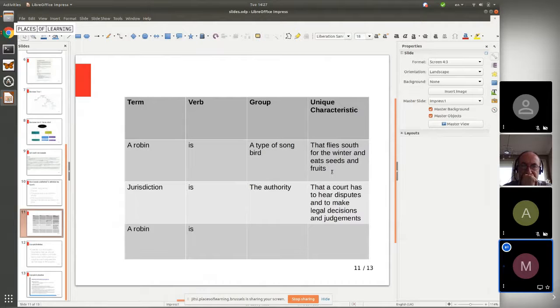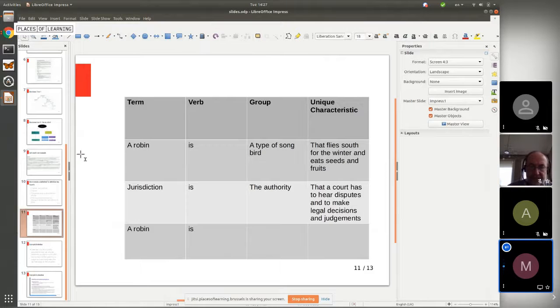So these would be the four elements of a definition. Another example: jurisdiction is the authority that a court has to hear disputes and to make legal decisions and judgments. That is the unique characteristic of this term inside the group to which it belongs.